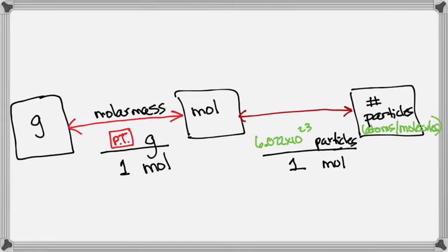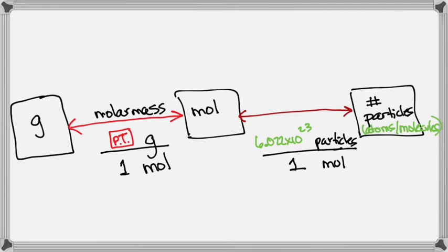So notice the double-headed arrow. We can go from mass to moles or moles to mass. If we go from moles to mass, just know that this can get flipped over. The 1 still goes with moles in the numerator, and the number from the periodic table still goes with grams in the denominator. So that can get flipped.